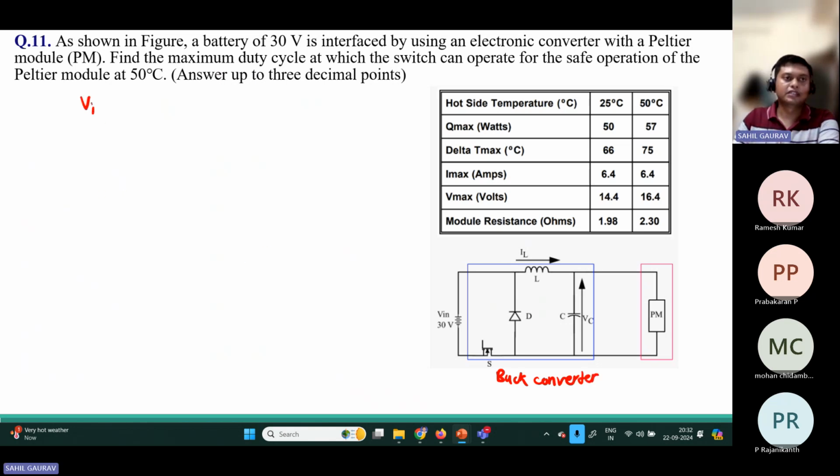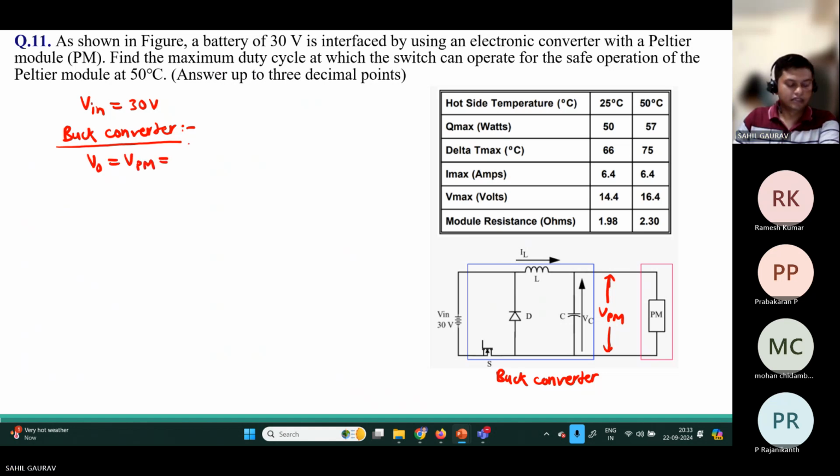So input voltage is 30 volt. Since the converter is buck, let us take the voltage across the Peltier module as VPM. So V out equals VPM equals 16.4 volt. How did we get it?